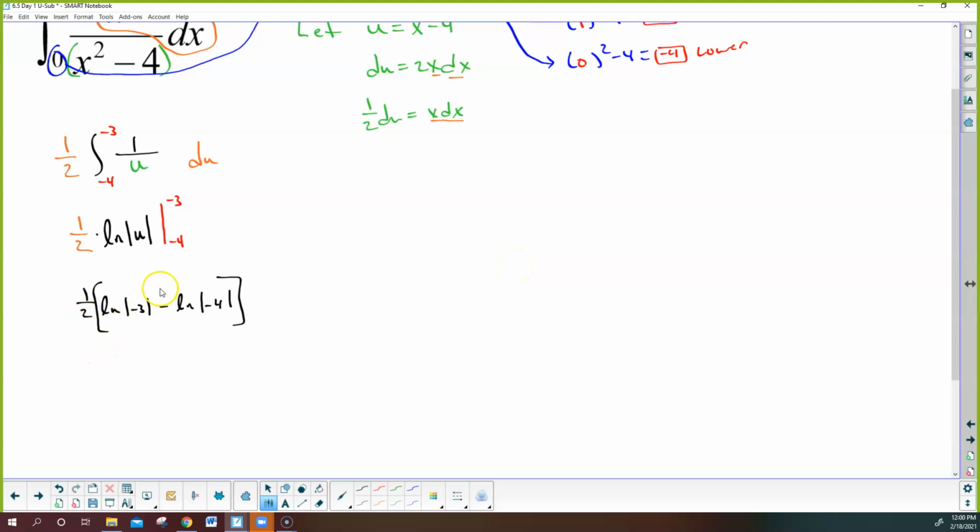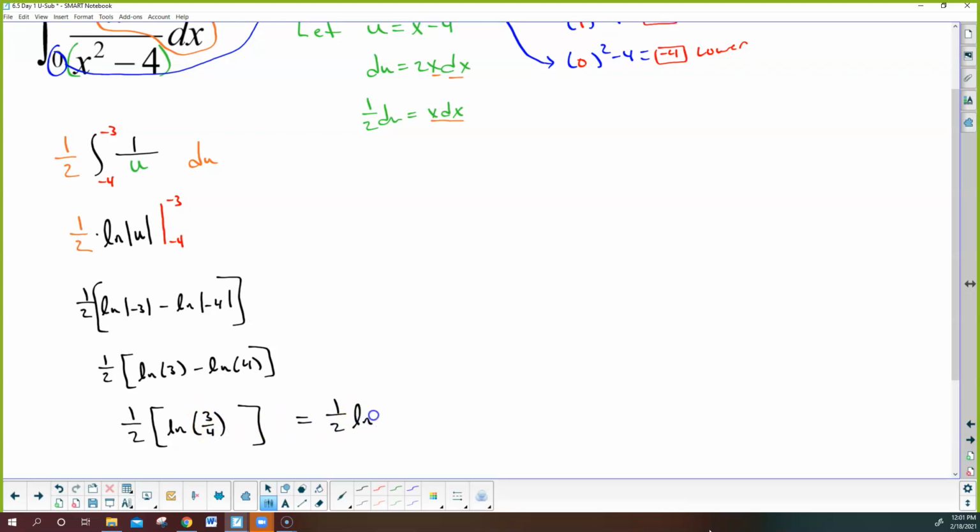Now this is interesting. I would tell you to stop right here. This is an acceptable free response question answer. However, what if we use the absolute value to turn that to a positive 3 and a positive 4? Okay. And then this is the part kids don't love, but we had a property that said in pre-calc, if I had the natural log of 3 minus the natural log of 4, that can be rewritten as a division.